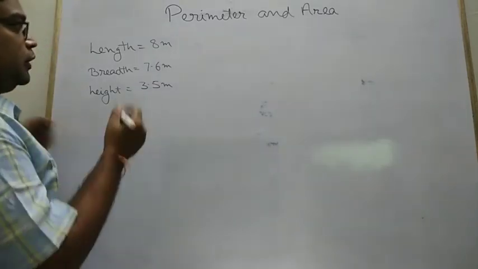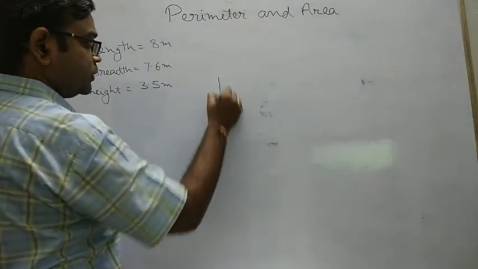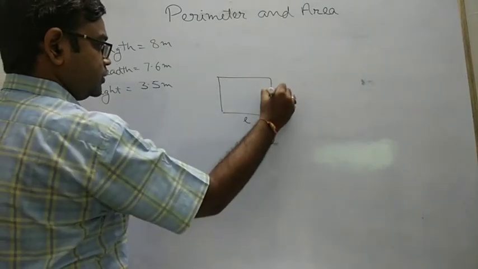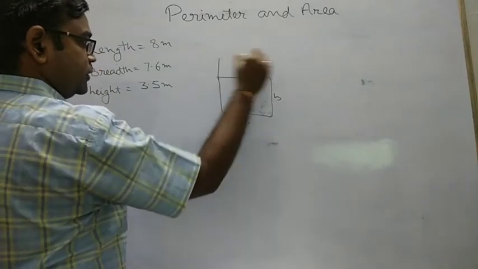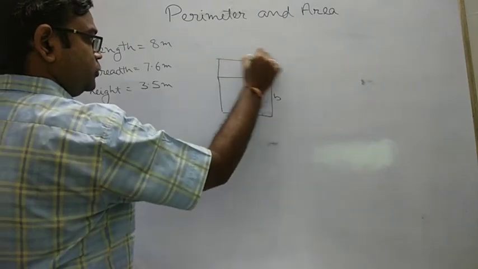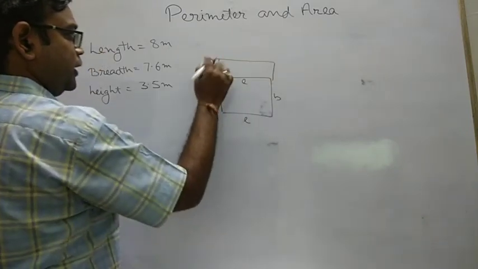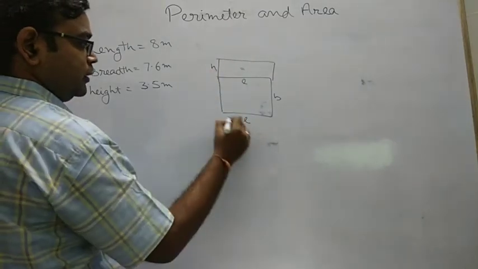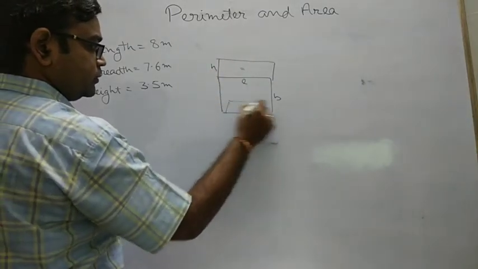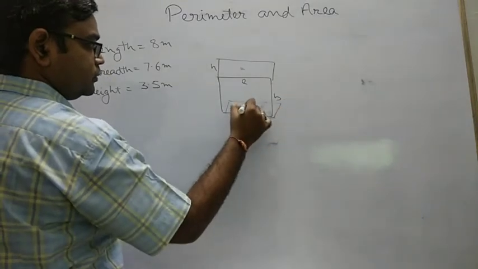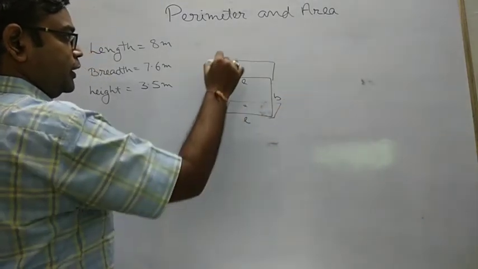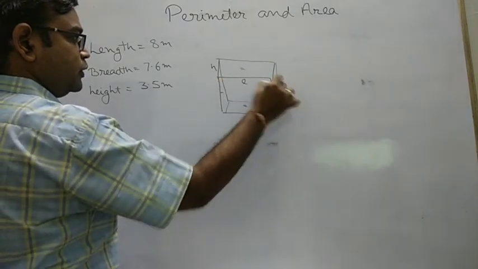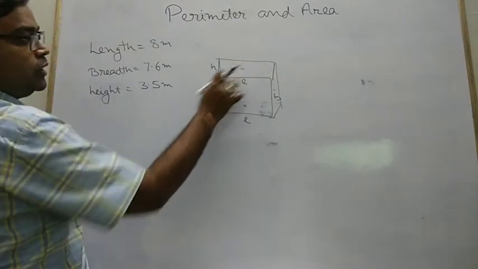So your room shape looks like this one, no? Suppose this is your length, this is your breadth, and this is your height. So this is your L, this is your height. So area of this wall and same area we have this side. Equal. Again we have another two walls. So these four walls are equal.